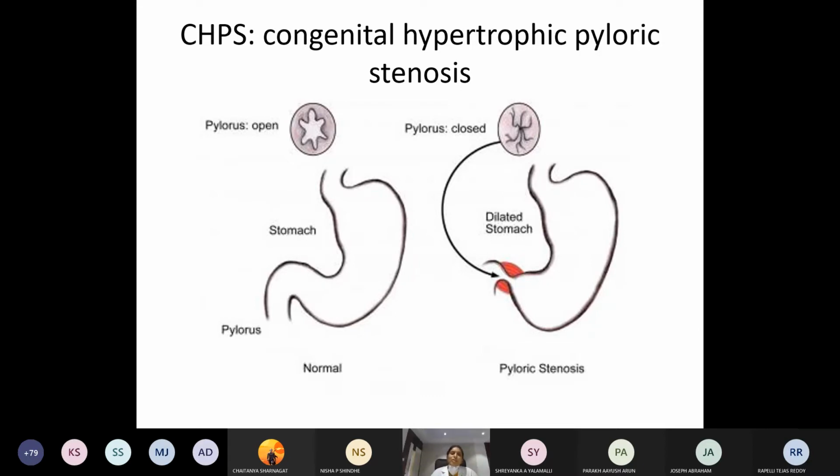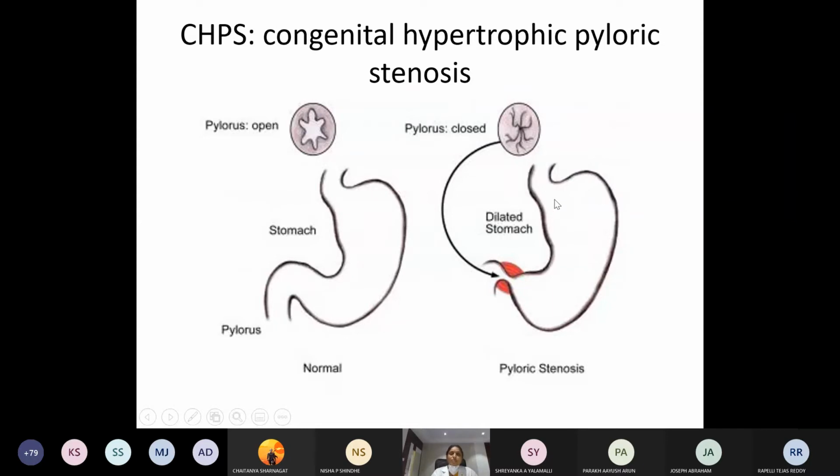Immediate vomiting means there is some abnormality in the esophagus. Here the esophagus is normal, only the pyloric end is stenosed. Whatever milk regurgitates back into the esophagus, after a few hours it will vomit. Once the stomach is full, it will vomit.